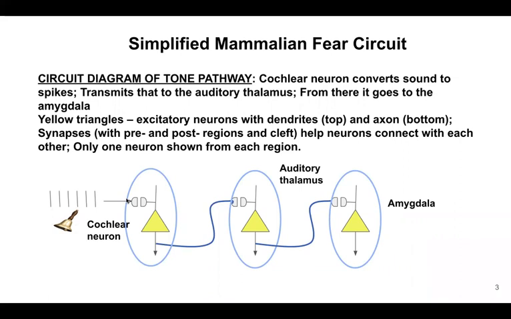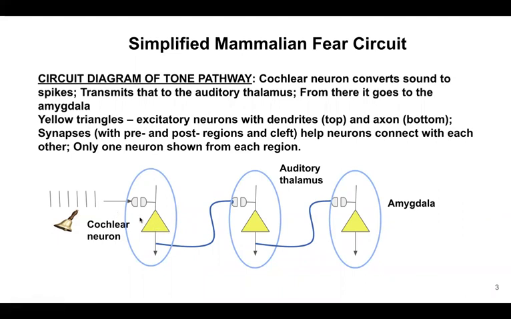And that sound wave is picked up by sensory neurons in the cochlea of the mammalian ear and converted into electrical neuronal spikes. And so the sensory neurons can be represented as the yellow triangles, which are just cell bodies of these three different neurons in the pathway.